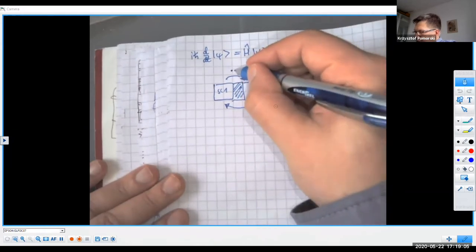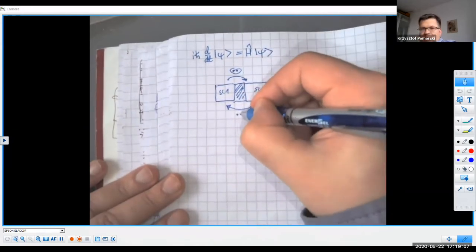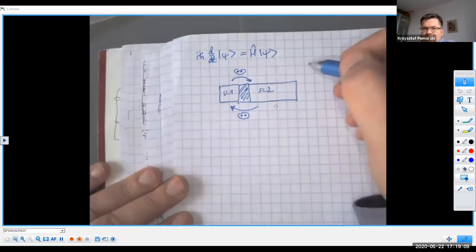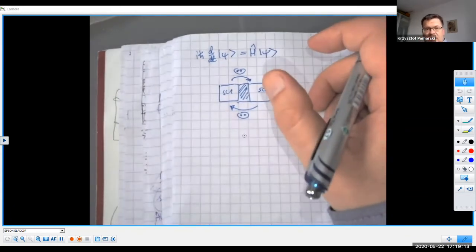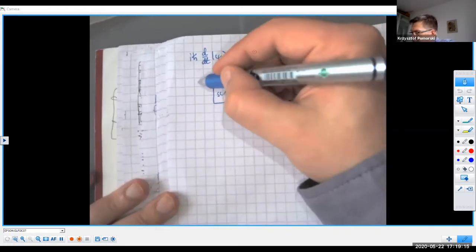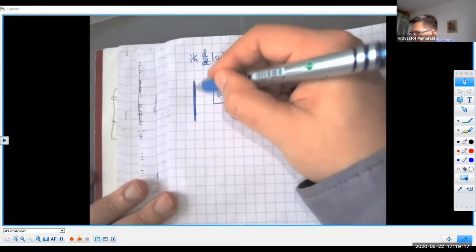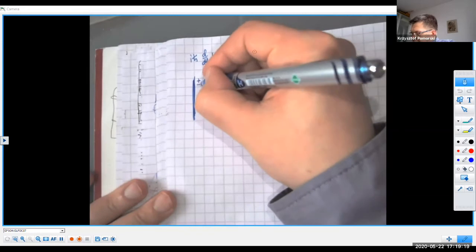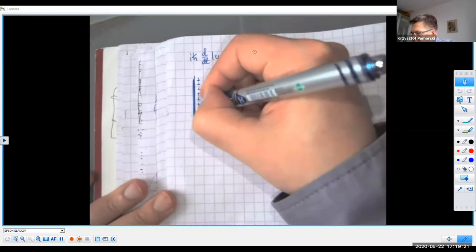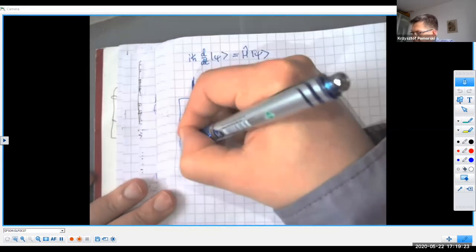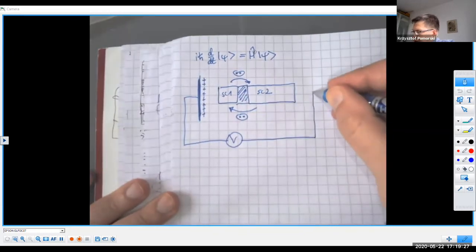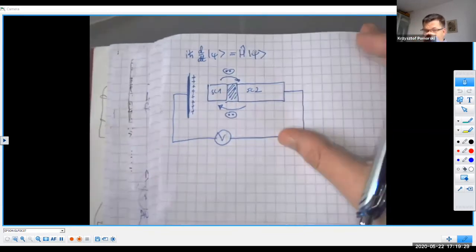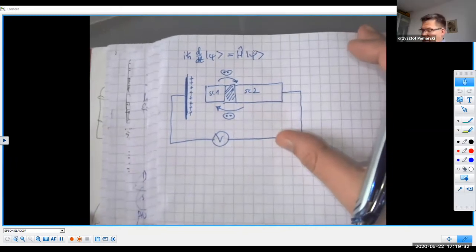So one Cooper pair is jumping from one side to another side. And in such a case, there is also a capacitor, so a plate capacitor with some charge. So essentially we have a voltage applied here. And this is our quantum system in our description.